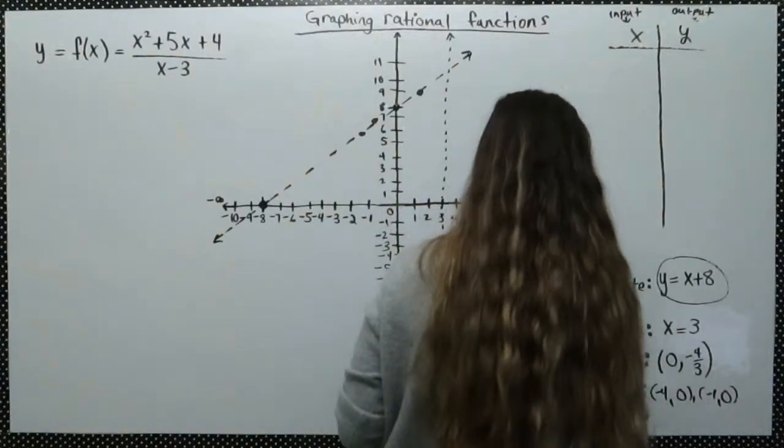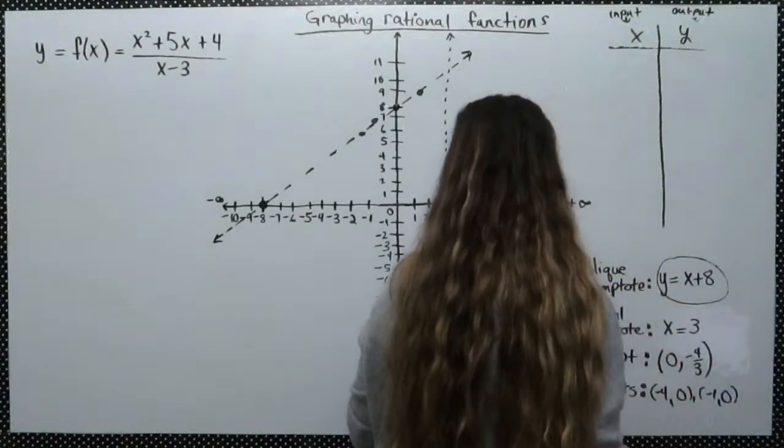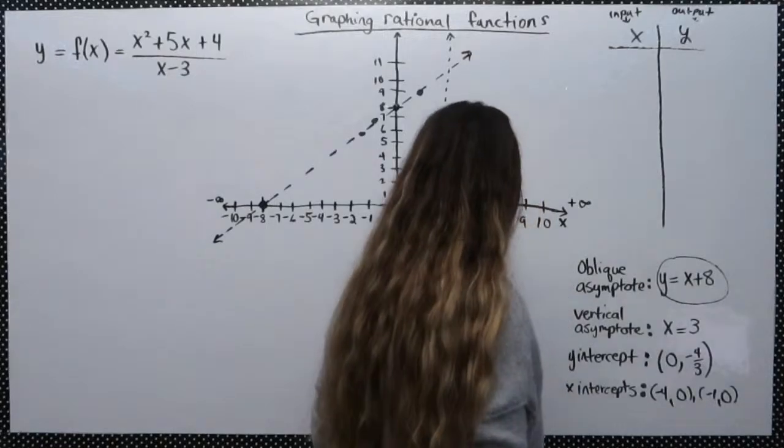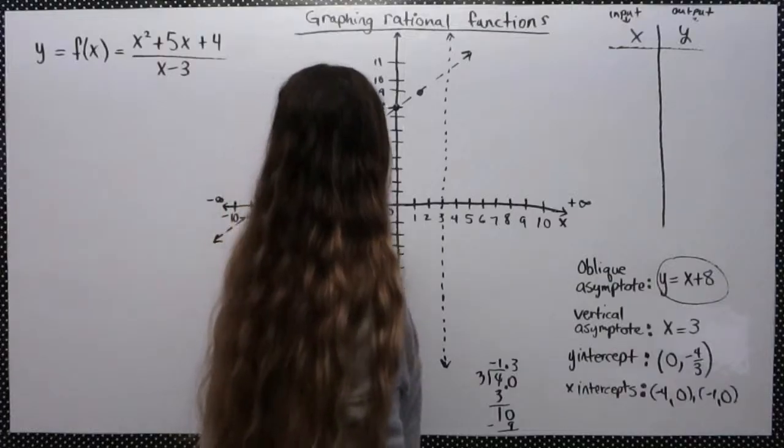It goes into 40 more than 3 times. It goes into 10 3 times. Sorry, yeah, 3. And then that would be 9. And then it would repeat. Okay, so negative 1.3 is going to put me about right here.